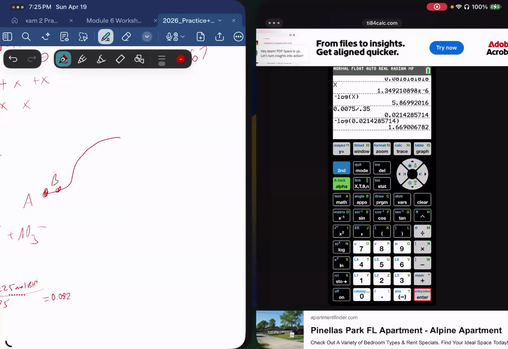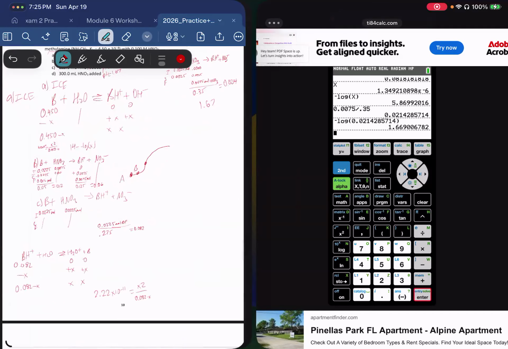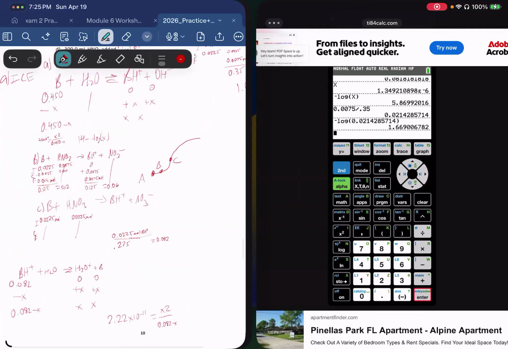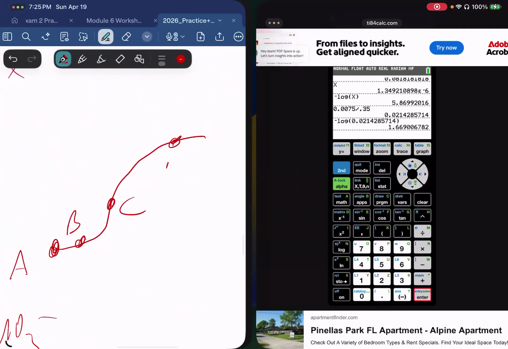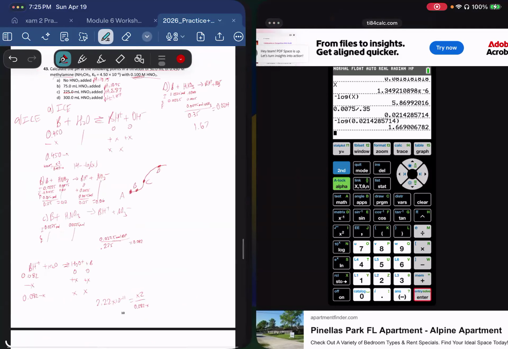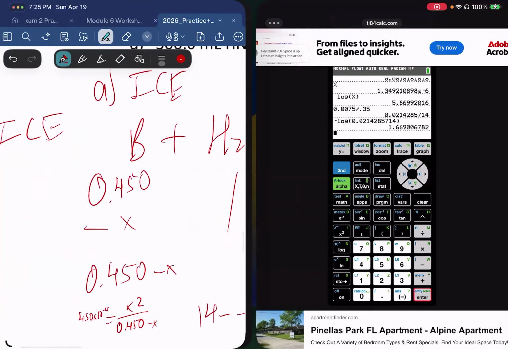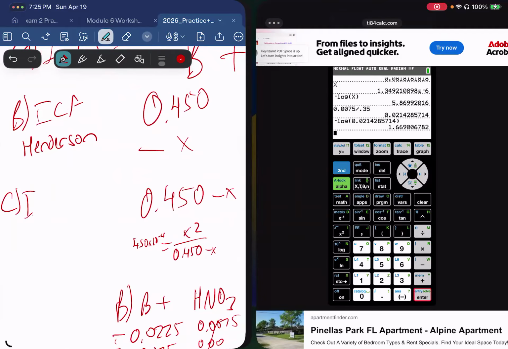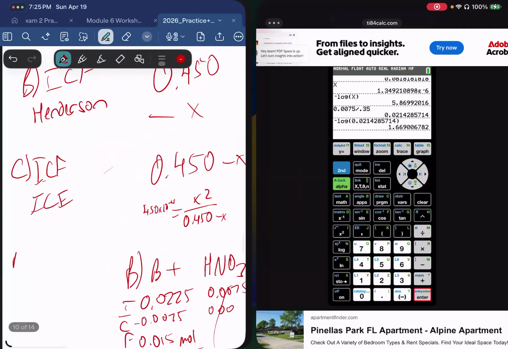C, right, was the equivalence point, so that's why there was conjugate acid left over, and then D is afterwards. If you know all three of those things, you can figure out methods to do this. So B is ICF followed by Henderson. C would be ICF followed by ICE. And then D is ICF followed by just negative log of whatever you have left over.